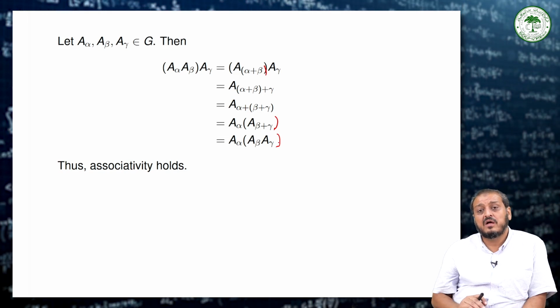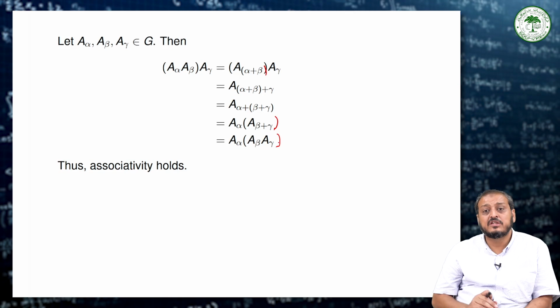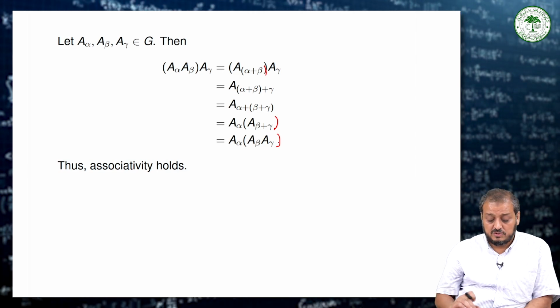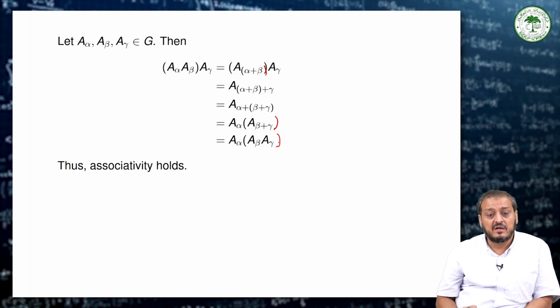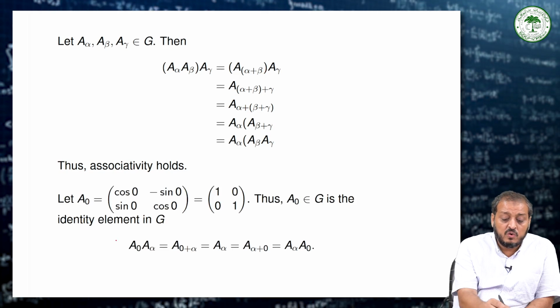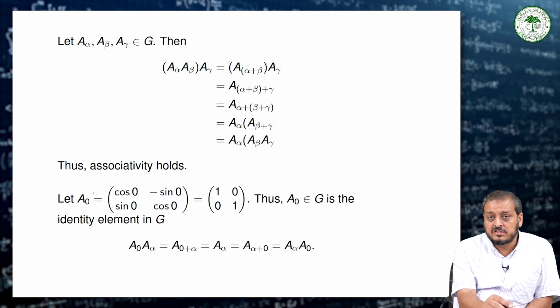Now we have to find whether the identity and inverse exist or not. So we take A0, where alpha is equal to 0.